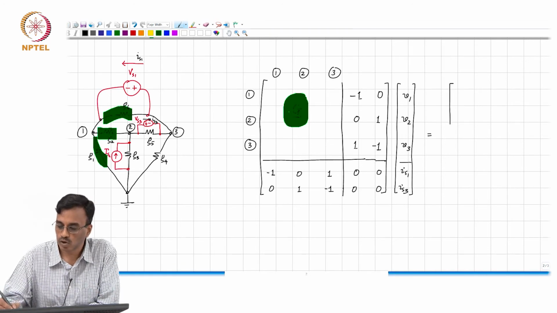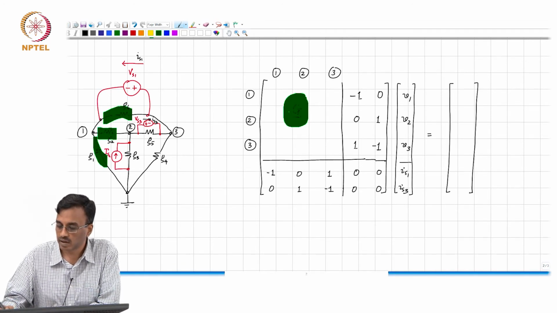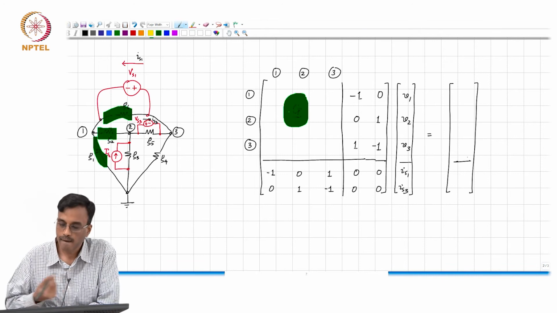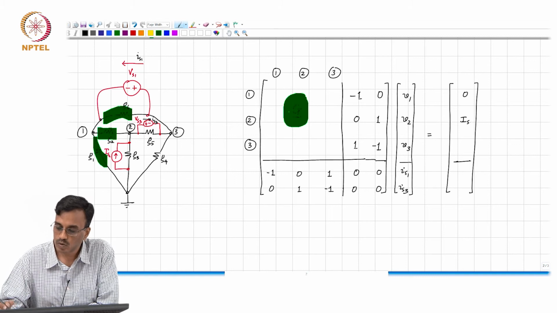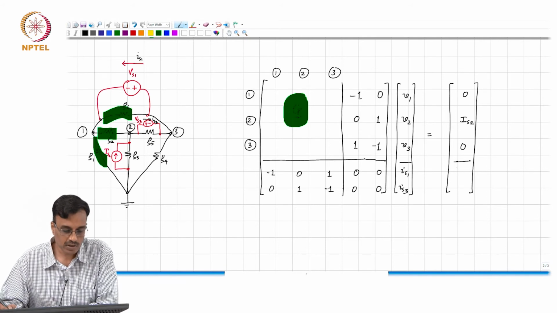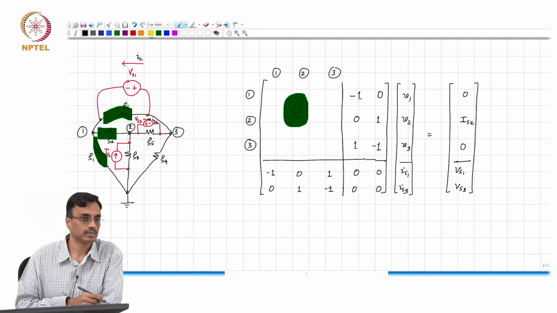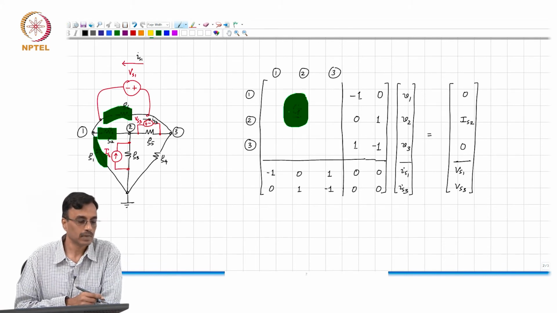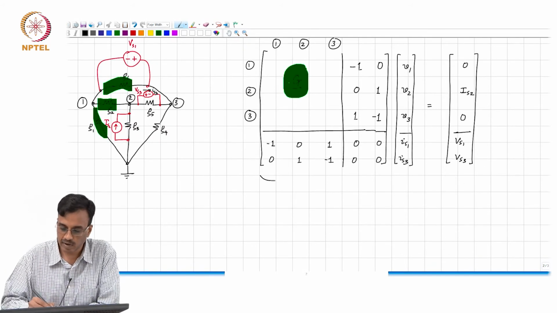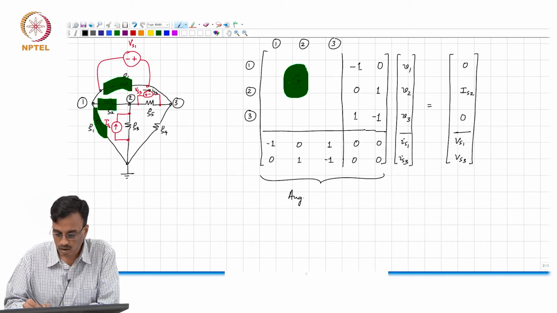And as usual on the right hand side, the first 3 rows are basically 0, IS2, 0 like we had before, and you have the independent sources VS1 and VS3, correct. So, therefore, we are now in a position to cleanly write this augmented conductance matrix.